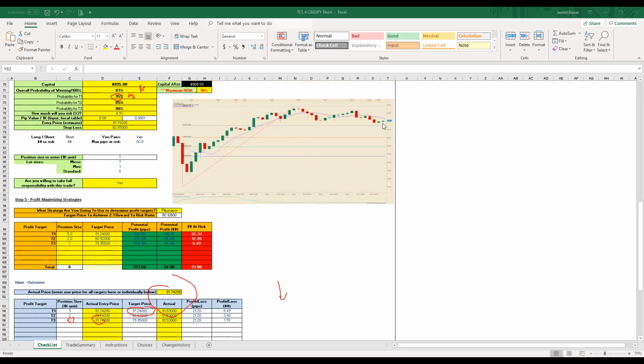It didn't go any lower than this point, 81.74, for this whole week. I'm sorry, this is a short position. So when we're talking about 80 pips, you're up 20 pips. Yes. Yep.